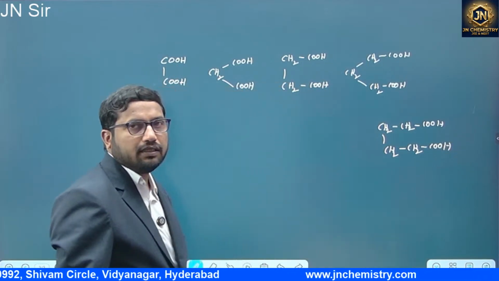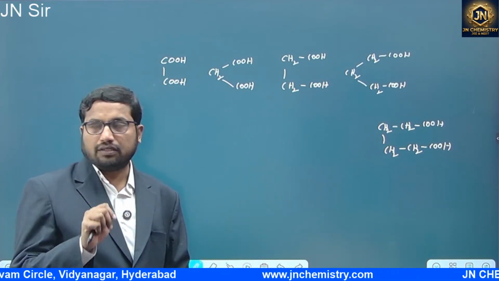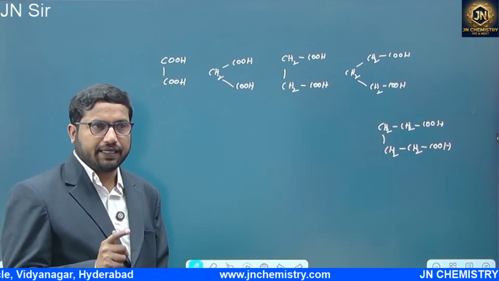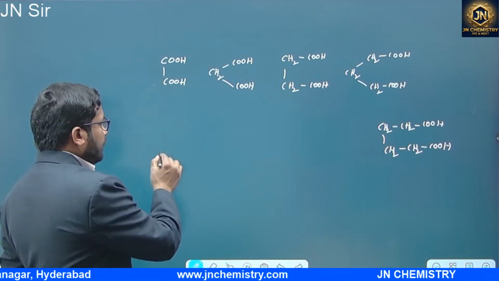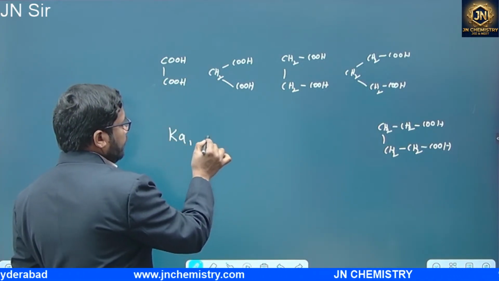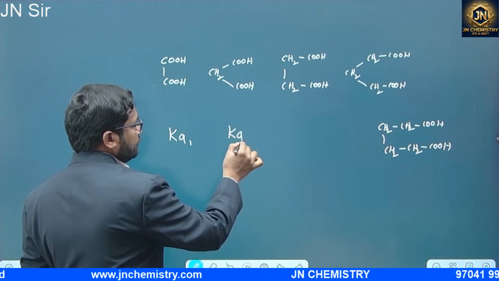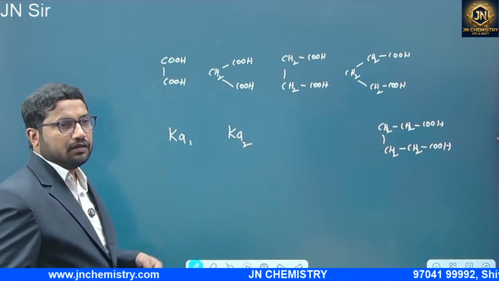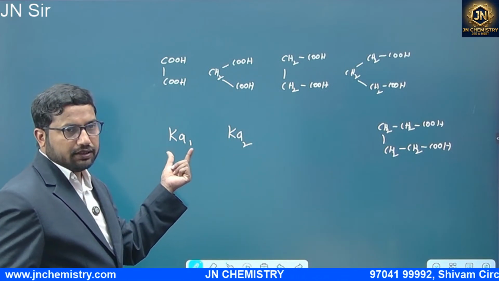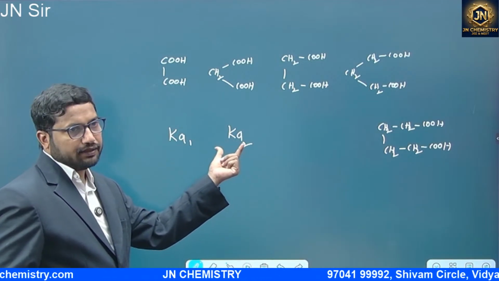So actually, these are dicarboxylic acids. We had two things, Ka1 and Ka2. What is Ka1 and what is Ka2? The acid dissociation constant for the first one, and this is for the second one.